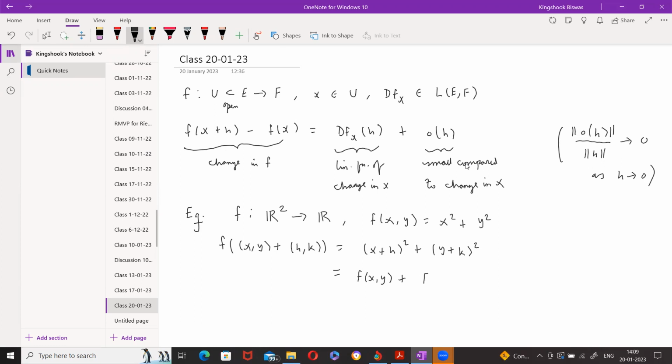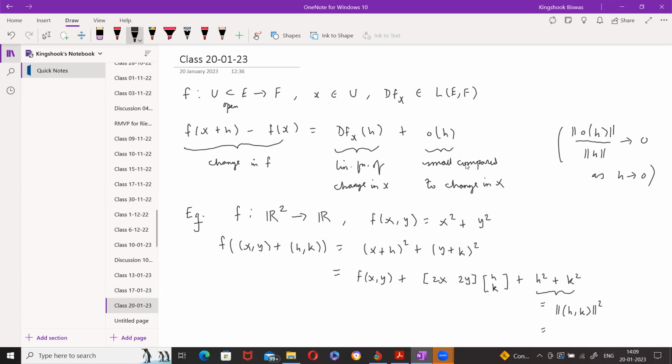So I can write that as the row vector (2x, 2y) times the column vector (h, k), plus I have quadratic terms h squared plus k squared. So this is equal to the norm of (h, k) whole squared.